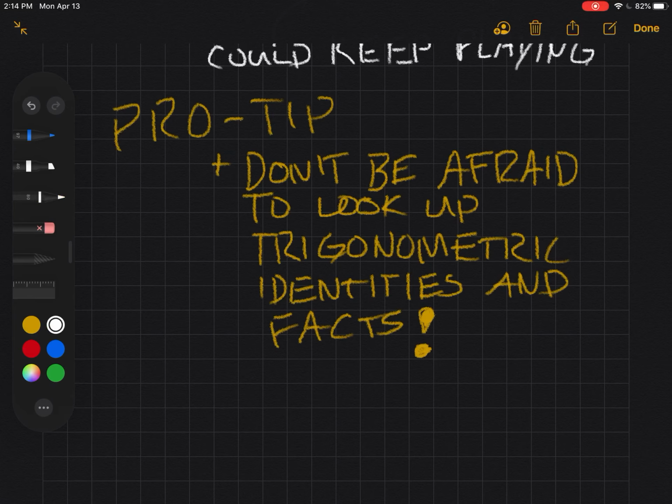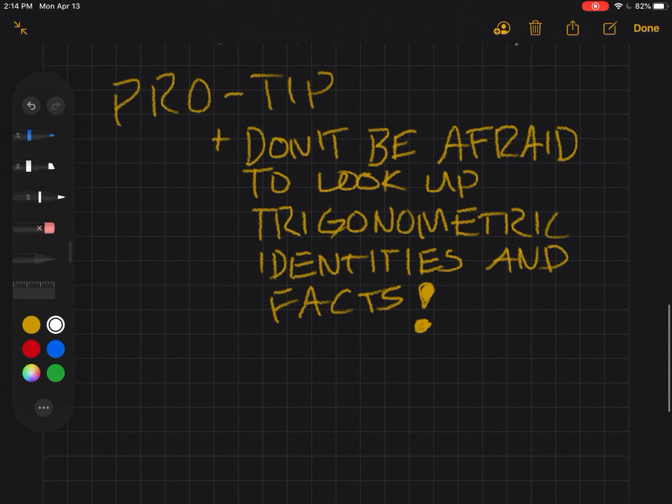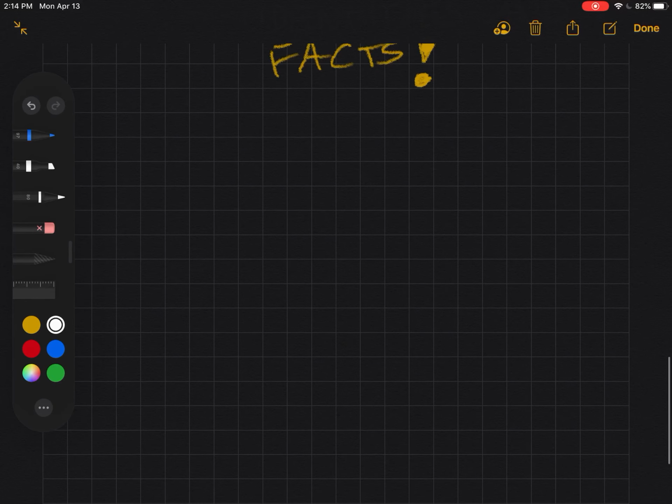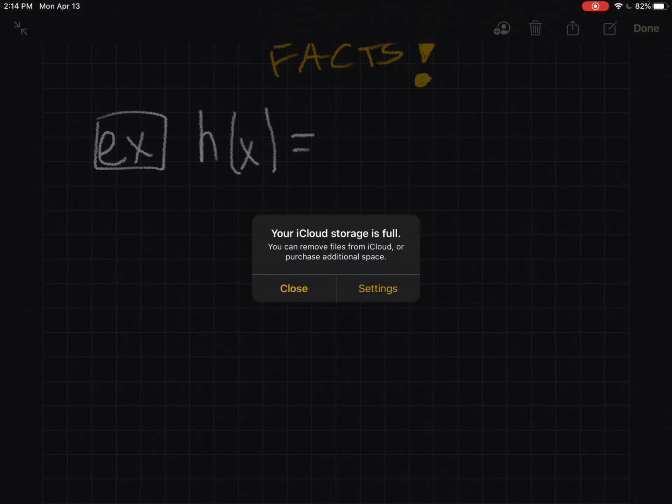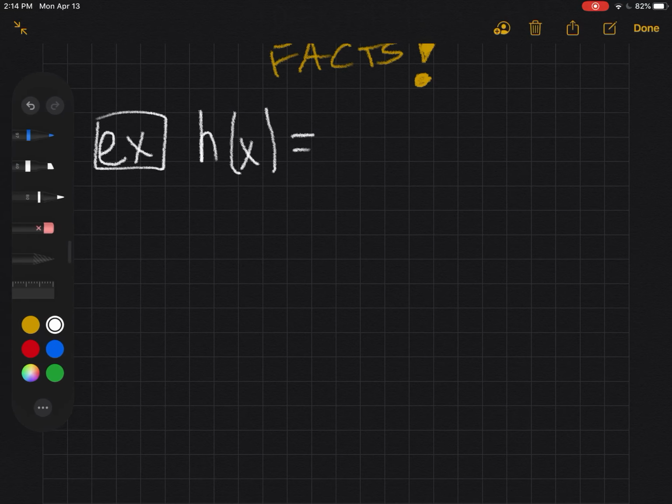I'm going to say identities and facts. A lot of students are weak in trig, and that makes this section of calculus challenging. It's okay. You can look stuff up. You don't have to remember it. If you get stuck on a problem because the trig is freaking you out, look it up. No shame in the game.